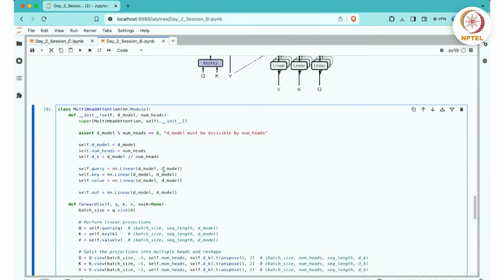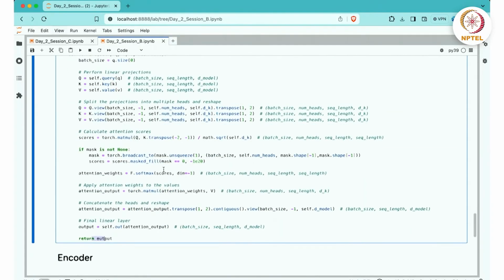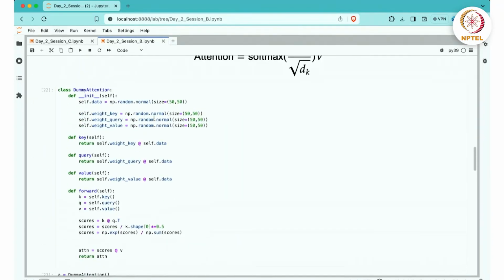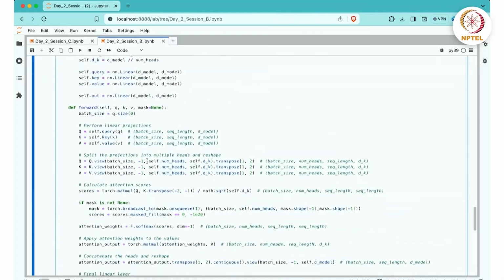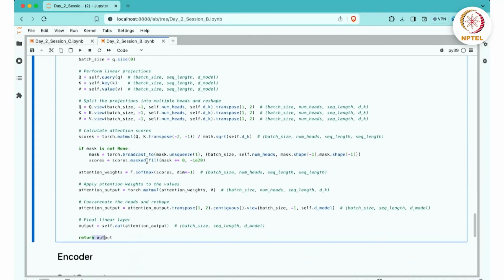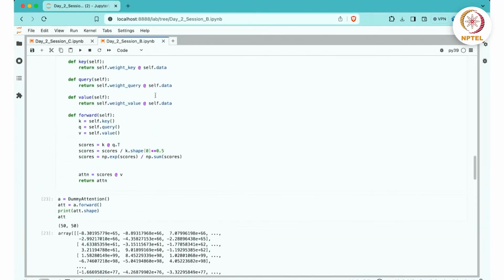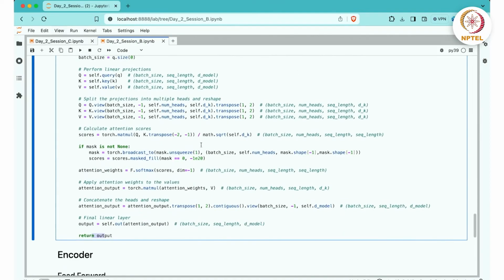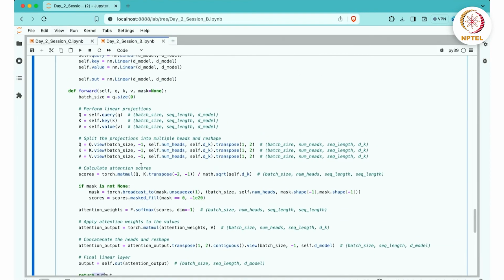Okay, and this is what multi-head attention looks like. Everything which we did here is just the thing we did here, it's scaled here, and now instead of just taking it through one head, we break it into multiple heads and do it in parallel.